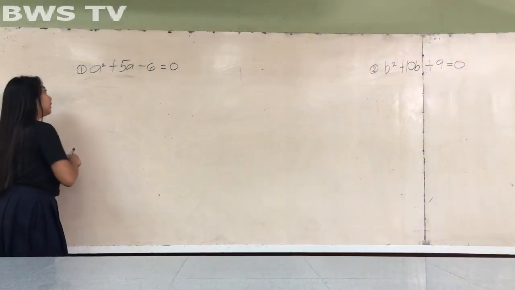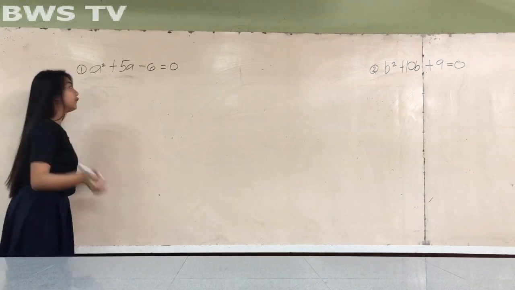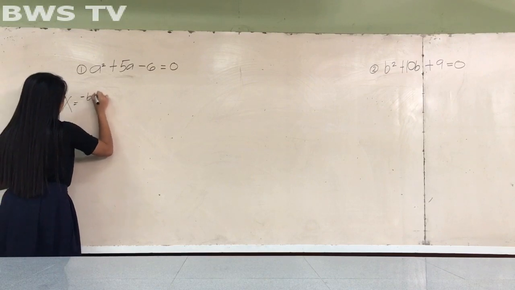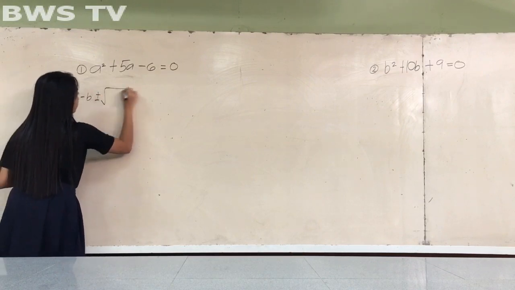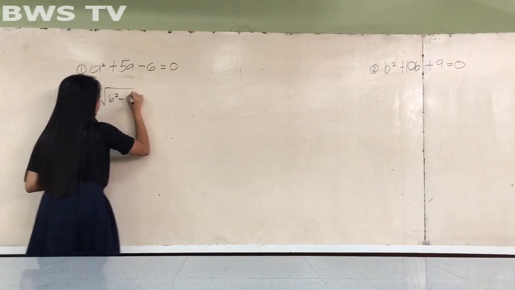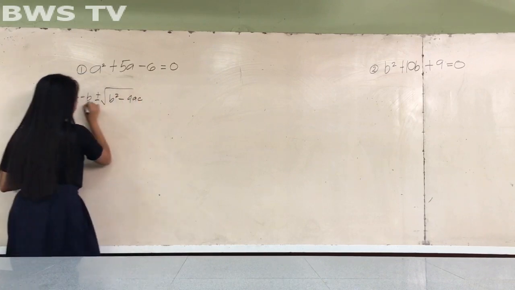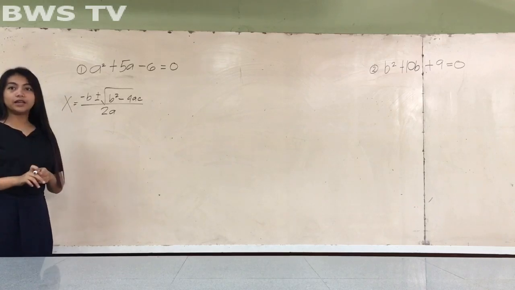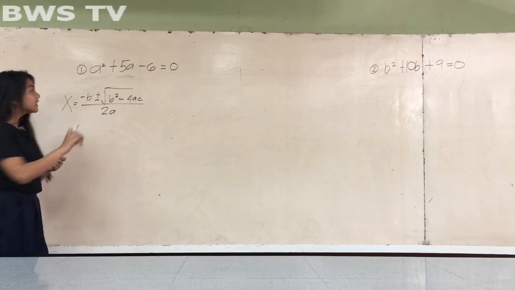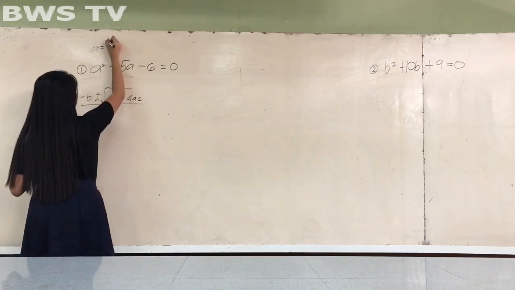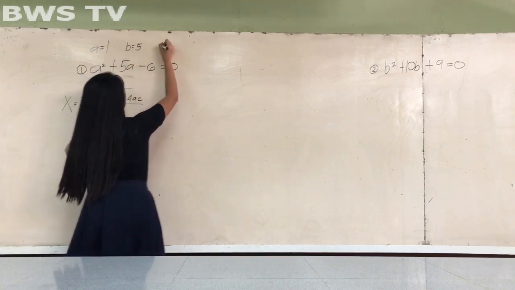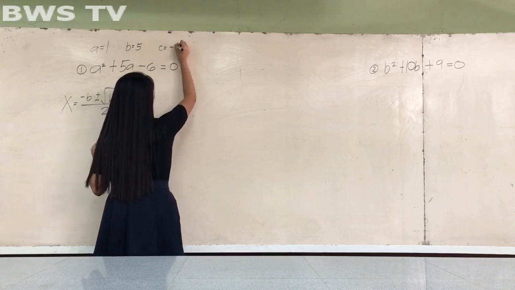First example, we will be using the quadratic formula. The quadratic formula is negative b plus minus square root of b squared minus 4ac over 2a. And we will get their a, b, and c. a is 1, b is positive 5, c is negative 6.